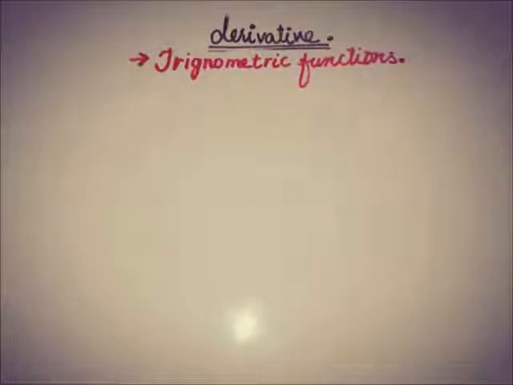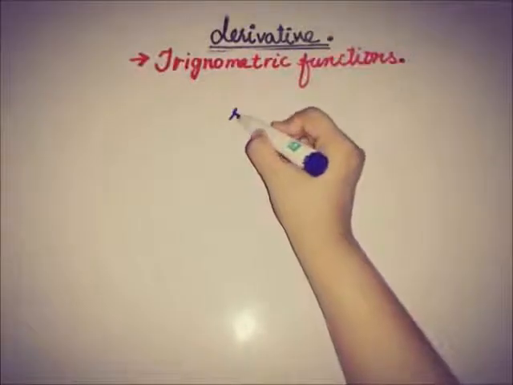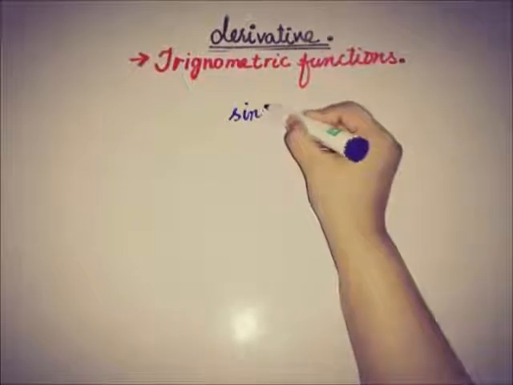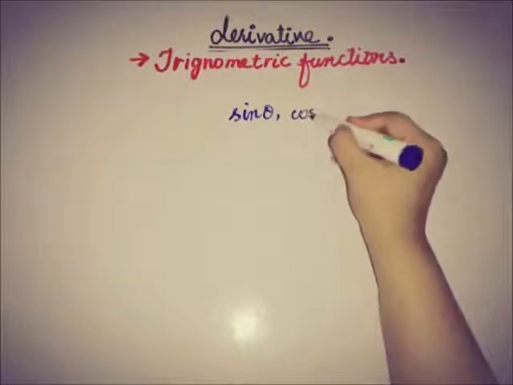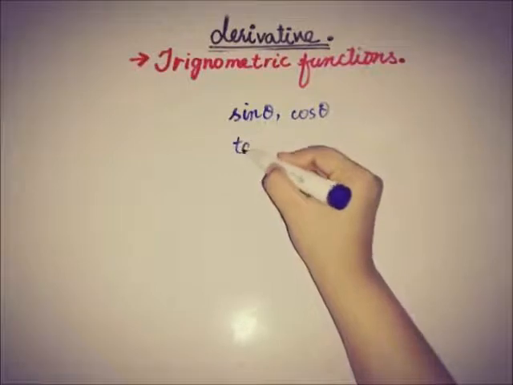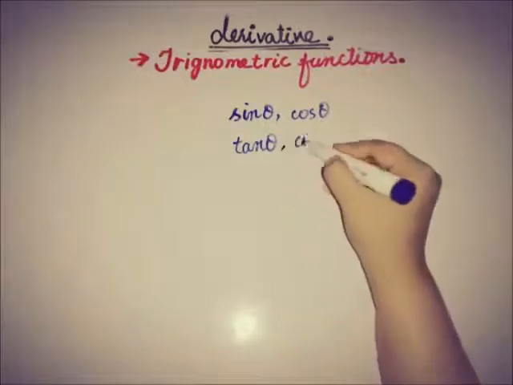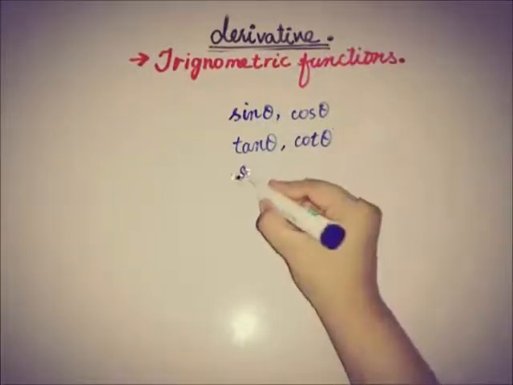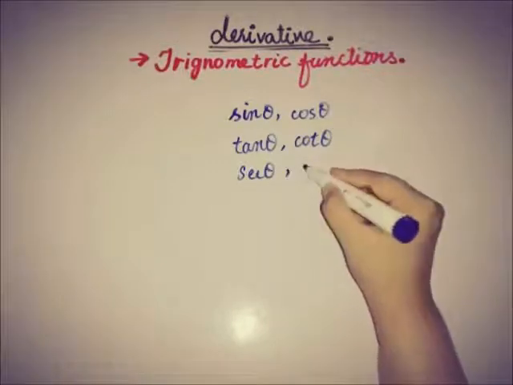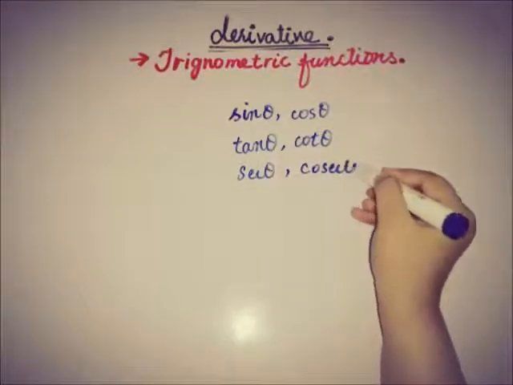In this video we will talk about the differentiation of trigonometric functions, and we will see what are the ways to find the derivative of trigonometric identities. We are well familiar with the trigonometric identities that are sine of theta, cos of theta, tan theta, cot of theta, secant theta and cosecant theta.